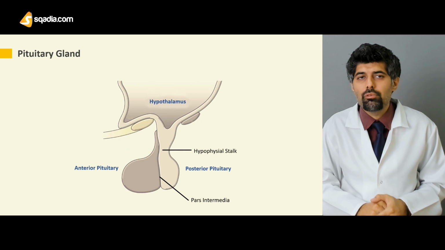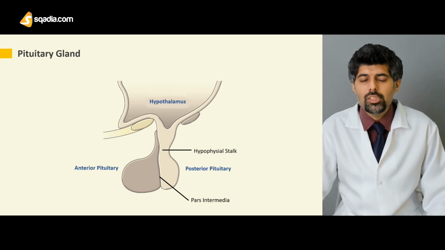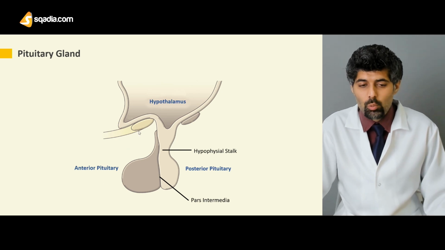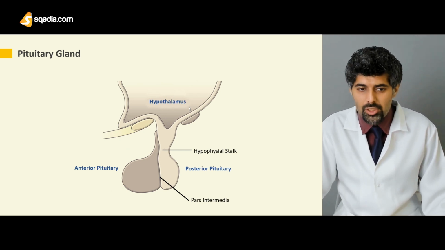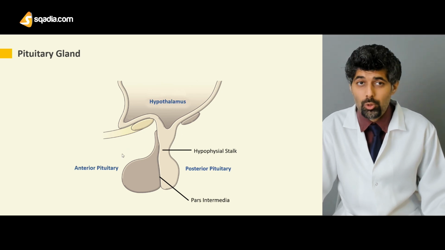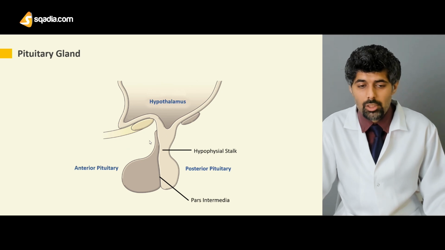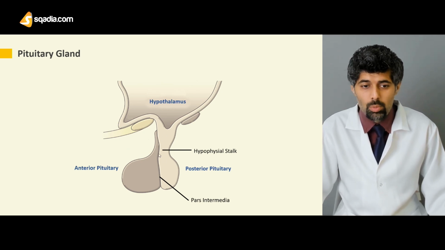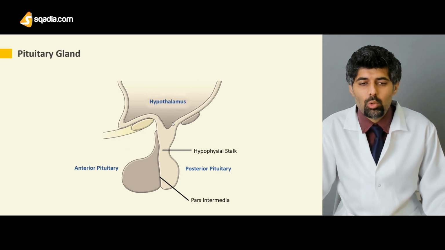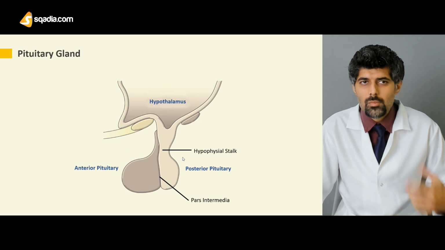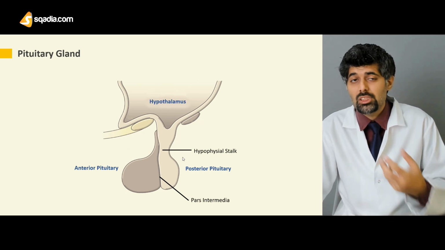Next, we have the hypophyseal stalk. Now, the hypophyseal stalk, also known as the infundibulum, is the stalk which connects both lobes of the pituitary gland to the hypothalamus. Now, this stalk is of utmost importance. Why? Because first of all, it contains the tuberal part of the anterior lobe and the area through which the transport of the posterior pituitary lobe hormones takes place.